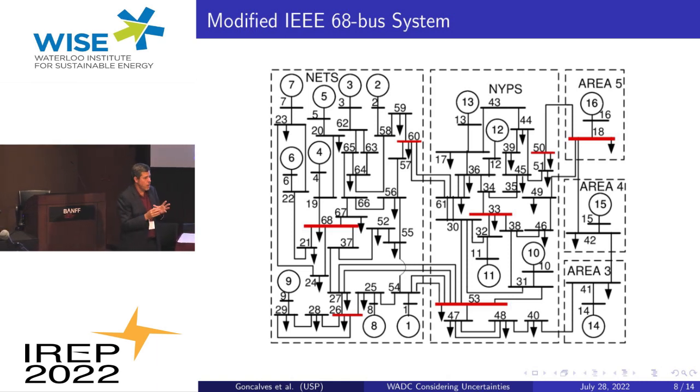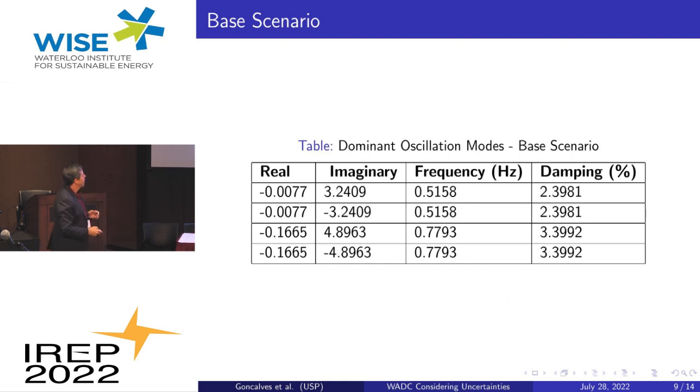So the operating point of the benchmark system changed, and as a result of it, if we calculate the least damped modes for the system, what we see is that we have two inter-area modes which violate the 5% damping criterion. So the system is not secure in this base scenario without the damping controller.